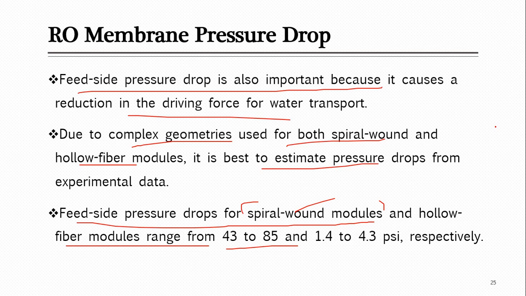It is allowed to have a pressure drop from 43 to 85 psi, while in the hollow fiber module it is less. Hollow fibers are very small fibers with very small holes through them, and the separation takes place there, and there it is only 1.4 to 4.3 psi. So overall you can remember quickly: it's around 40 to 80 psi, and 1 to 4 psi. So that's not calculated.